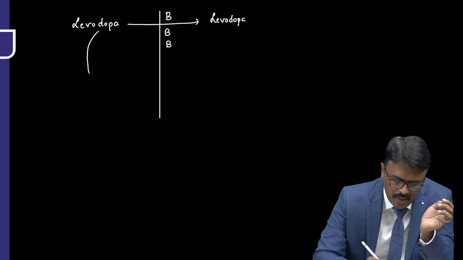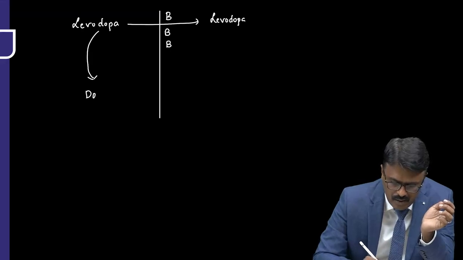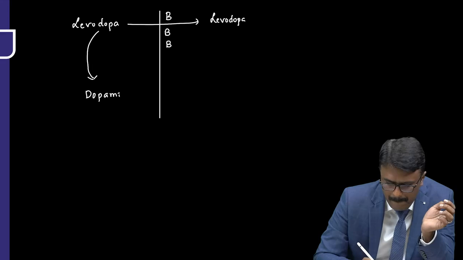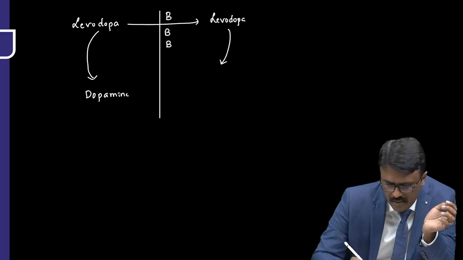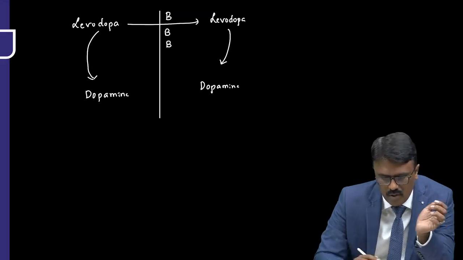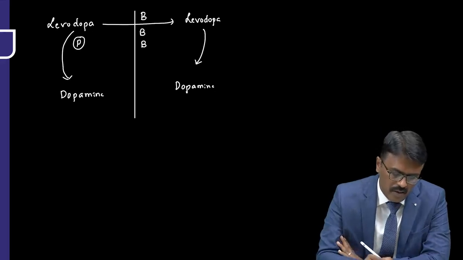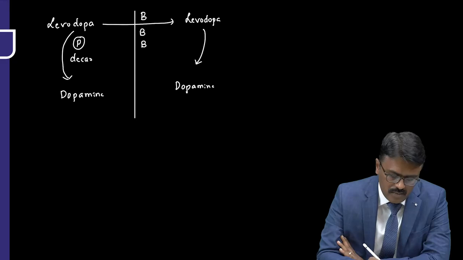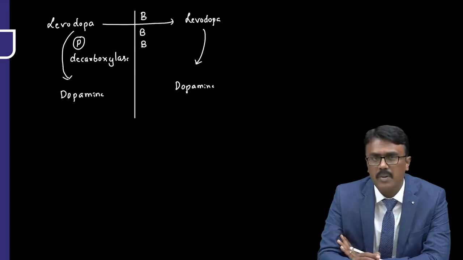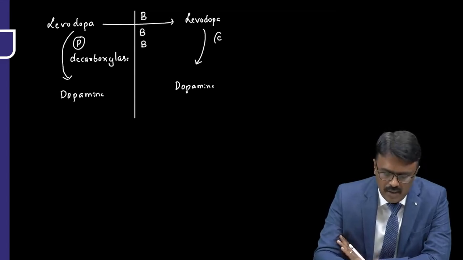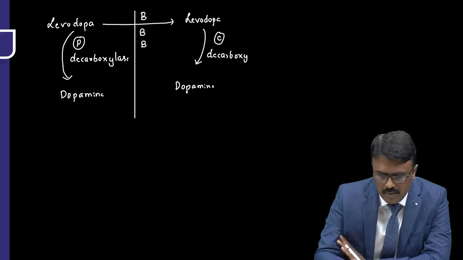But levodopa is metabolized to dopamine outside the brain as well as inside the brain. Outside the brain we have a decarboxylase called peripheral decarboxylase that will metabolize levodopa, and in the brain we have central decarboxylase which will metabolize levodopa.